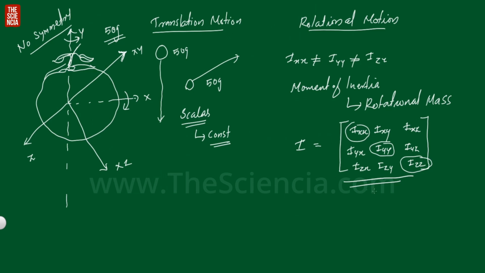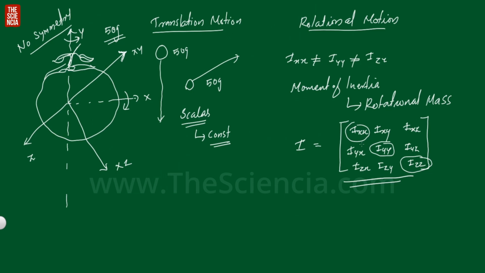So if you know the moment of inertia tensor, then you can find out the moment of inertia about a particular axis. Means if I give a tensor like this one, then from this tensor you can find out what is the moment of inertia about the x-axis, the y-axis, and the xy axis. And how can we find out those values?